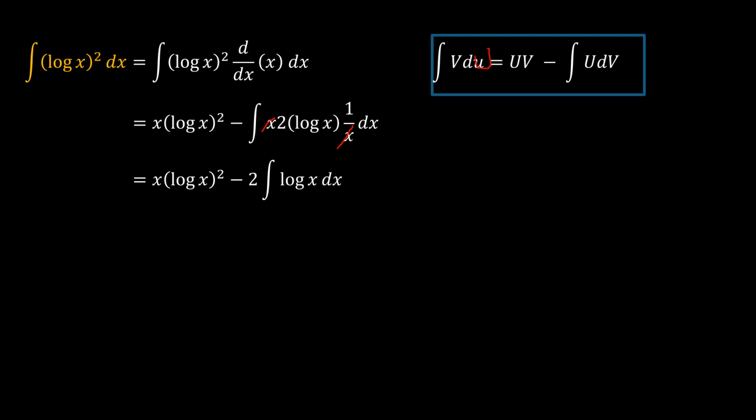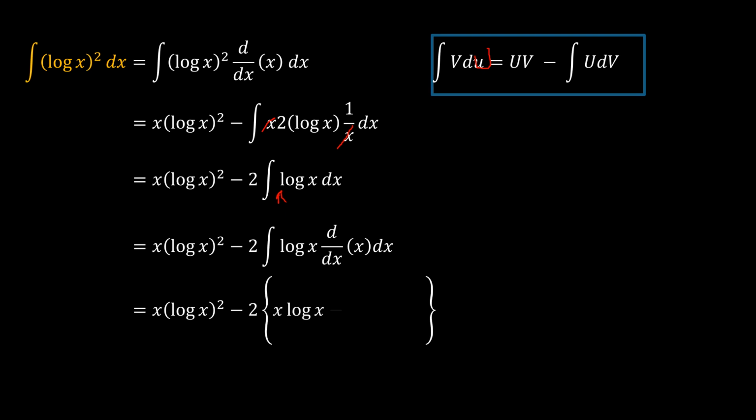Now again, this log x can be seen as log x times the derivative of x, since there is a hidden one somewhere here. And so we can say, okay, using integration by parts again, we have 2 times the integral of log x times the derivative of x, and then it becomes x times log x minus the integral of x times the derivative of log x, which is 1 over x.